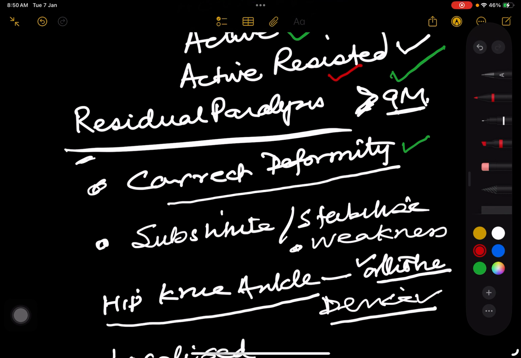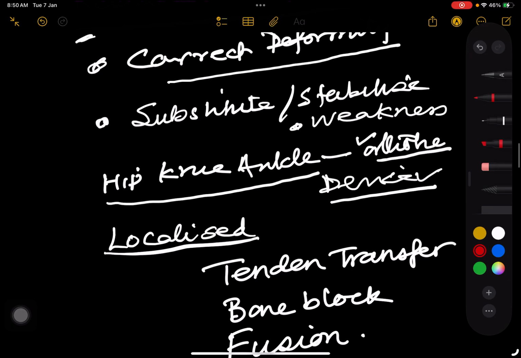In residual paralysis, you have to correct the deformity and you have to substitute the weakness or stabilize it. Stabilization is done when the paralysis is extensive, that means in the hip, knee and ankle.